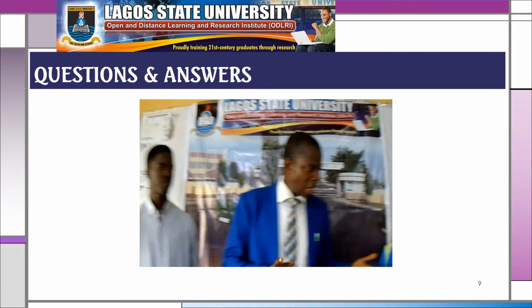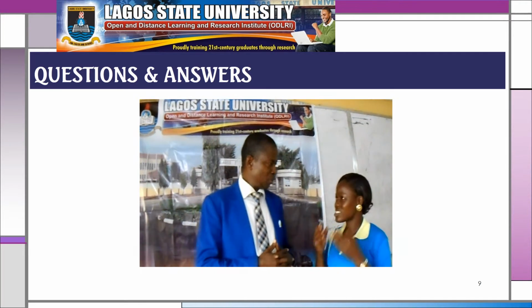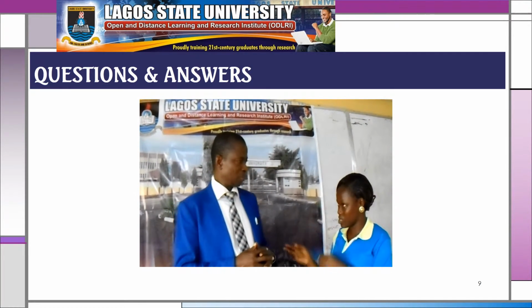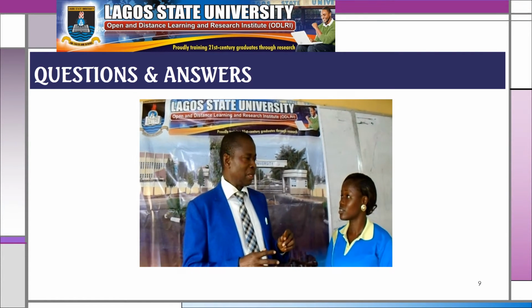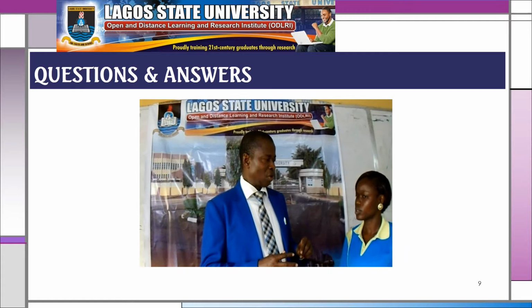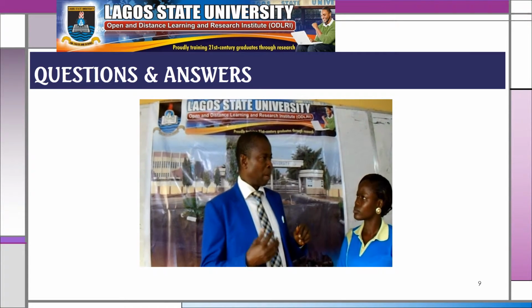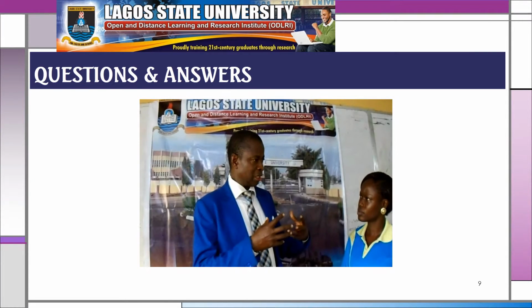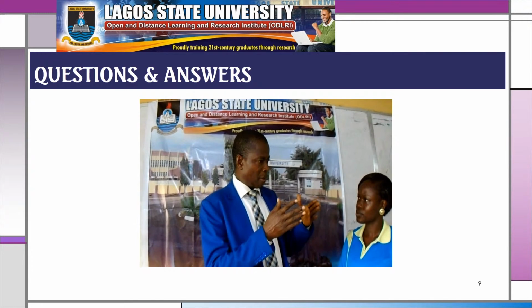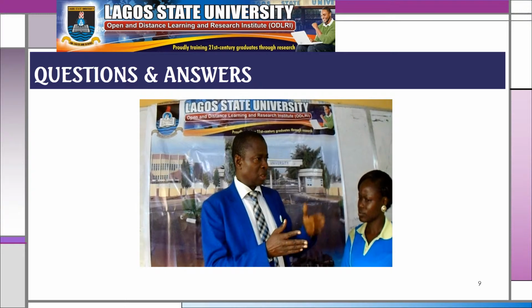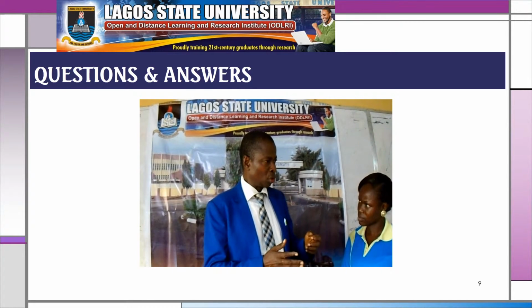So, Josephine, you can ask your own question now. Okay, sir. What is the difference between bookkeeping and accounting? Is there any major distinction between bookkeeping and accounting? Bookkeeping is an aspect of accounting. As I said to Ayobami earlier, accounting is a discipline that covers so many things. Bookkeeping just covers part of the stage, starting from data collection and recording.